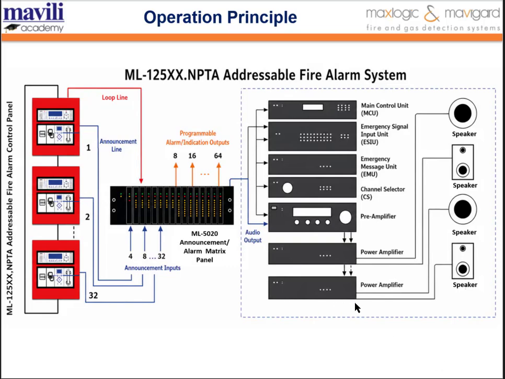By triggering the audible alarm and announcement system with these outputs, different combinations of messages, scenarios, or previously recorded messages in the emergency announcement unit can be announced to different areas, ensuring that the people in the building are correctly informed and guided.